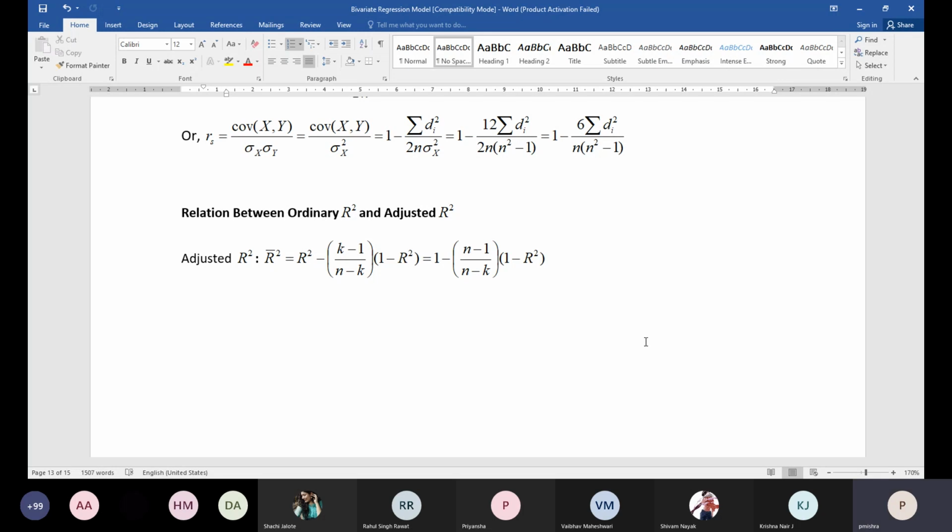Third important part, rather, is basically some areas of application of this regression analysis. And in this connection, we'll be focusing a bit on the use of regression techniques for estimating growth rates.